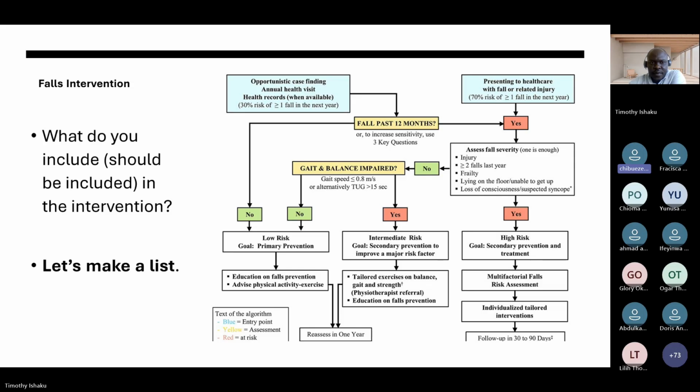In management of falls, you normally involve the multidisciplinary team. It's not something you manage alone. You involve the podiatrist, you involve the ophthalmologist, because the patient presents with a lot of things, like looking at the NICE guideline or the multifactorial fall risk assessment, a whole lot of things could predispose someone to fall. So it's not something you manage alone.